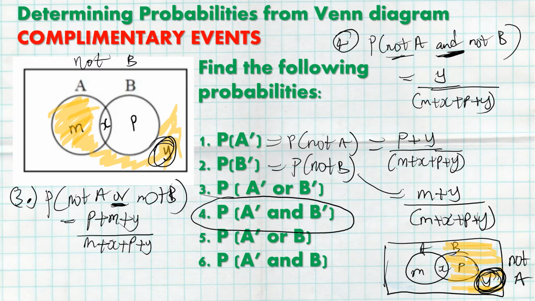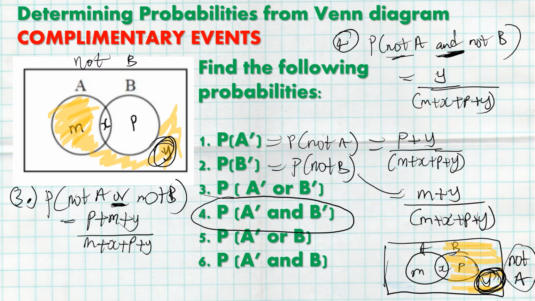If they say and, it is the intersection between not A and not B. What is something that is common? It's Y, right? So that's why we only use the Y as the outcome there, divided by the total number of the sample space.